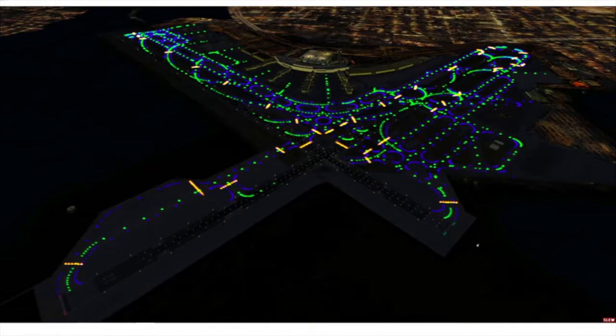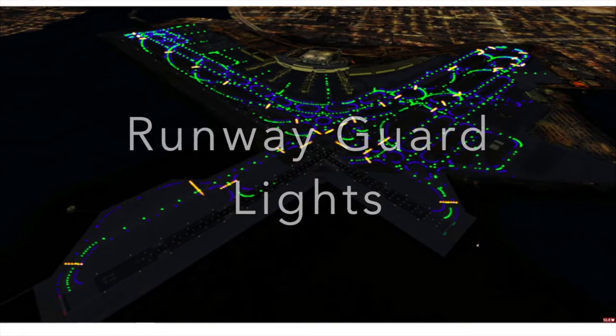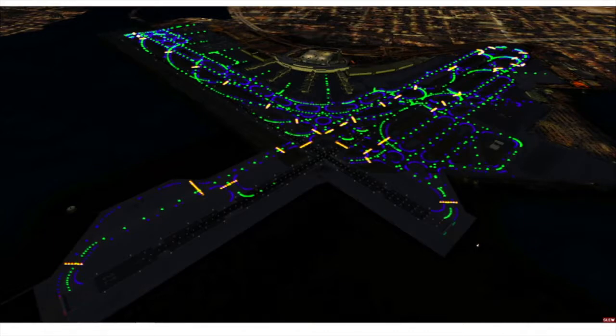The last light we're going to talk about for taxiway lighting is the runway guard lights. It is a pair of steady yellow lights positioned at each side of the taxiway at the hold short line. You might not see it as clearly as you are now, but let's focus on this line of yellow lights.